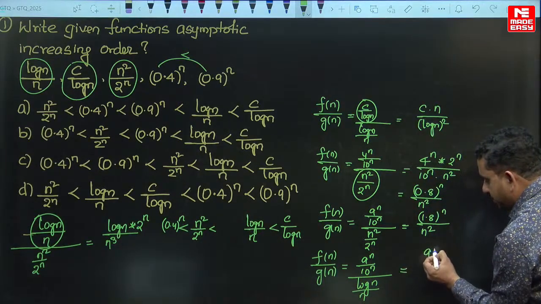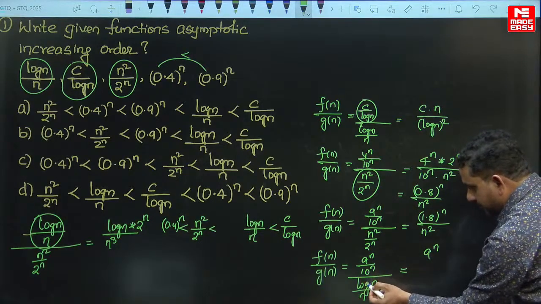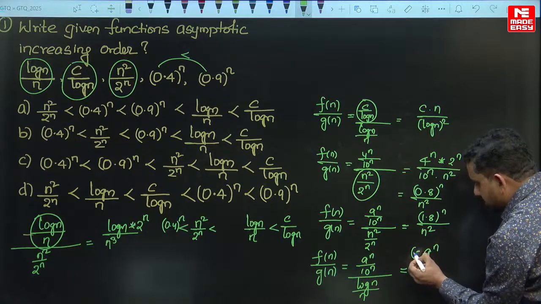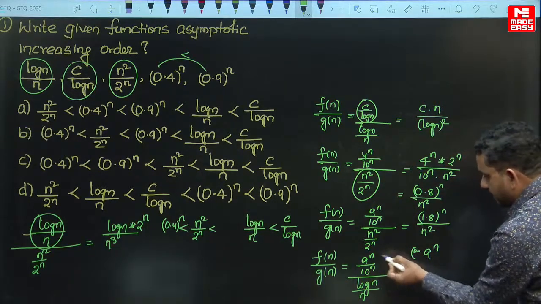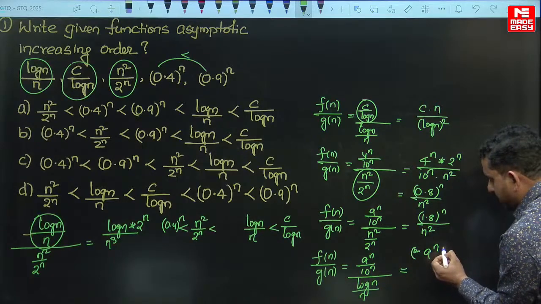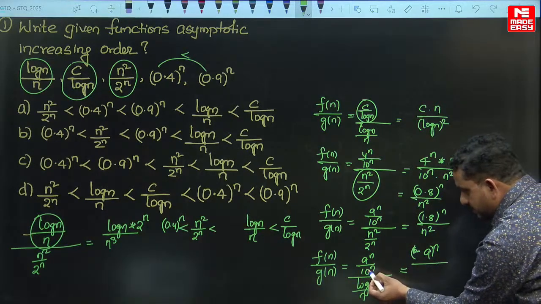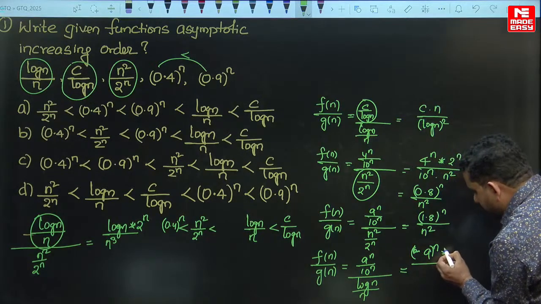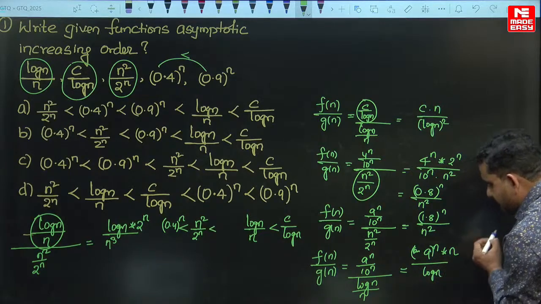Compute the ratio: 9 power n by 10 power n means it is 0.9 power n. On the denominator side it is multiplied with n, so the denominator is log n.